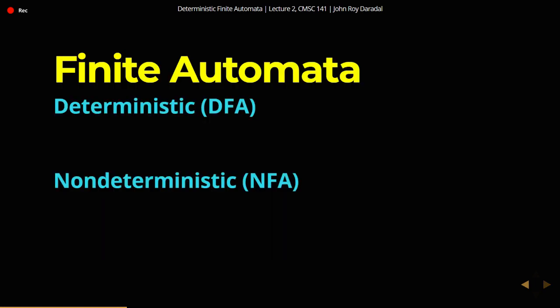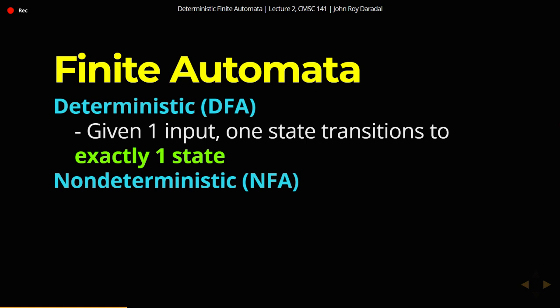Now, for finite automata, we have two types. We have the deterministic and non-deterministic. For deterministic finite automata, or DFA, given one input, one state transitions to exactly one state. So it's determined where you will go, okay? Because you'll only go to one state.